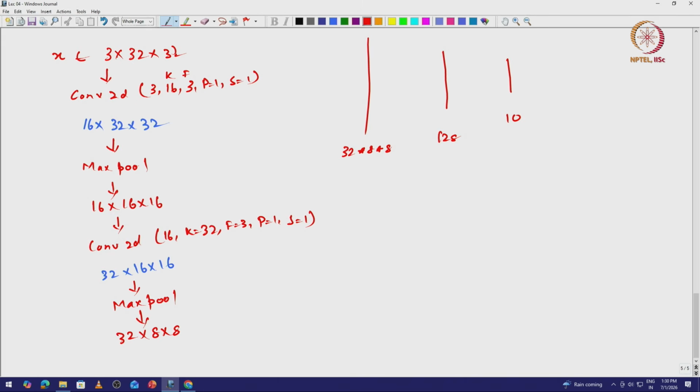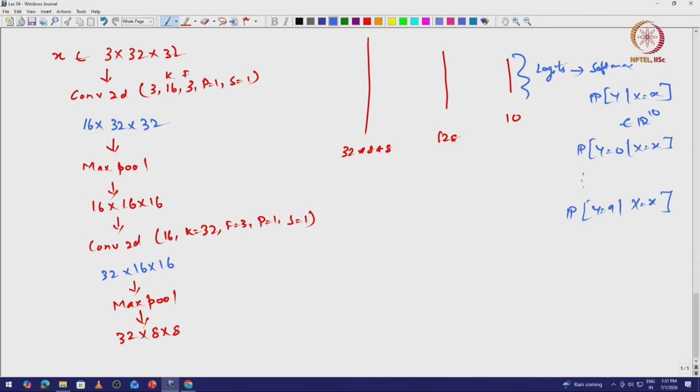Now you pass through this, and the output that you get here is the logits. Finally you can pass it through the softmax to get the probability of y given x equal to x. This is a probability vector in R^10, wherein the first element is the probability that y is equal to 0 given x, till the probability that y is equal to 9 given x.